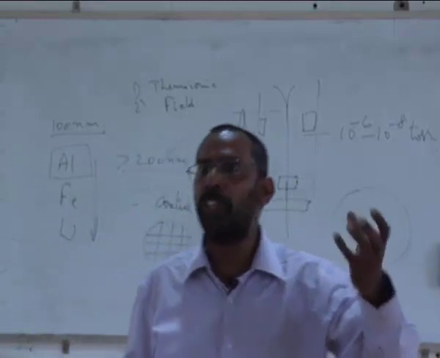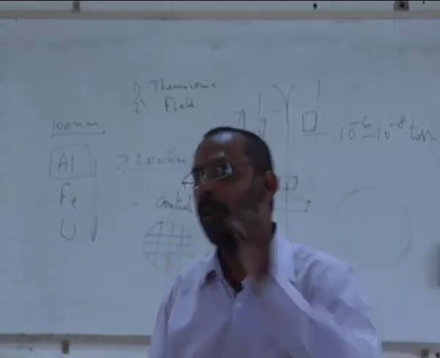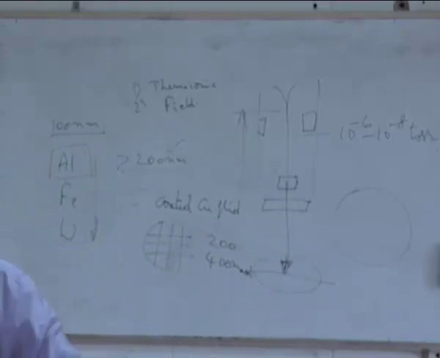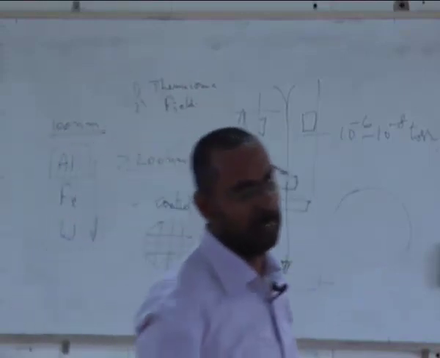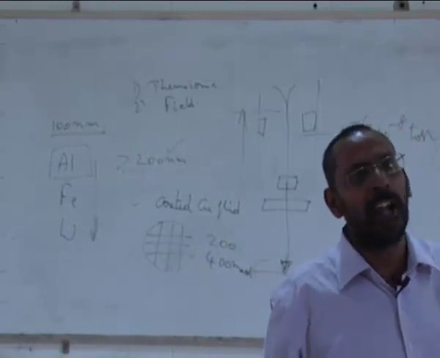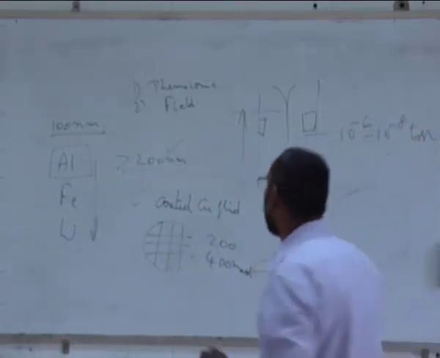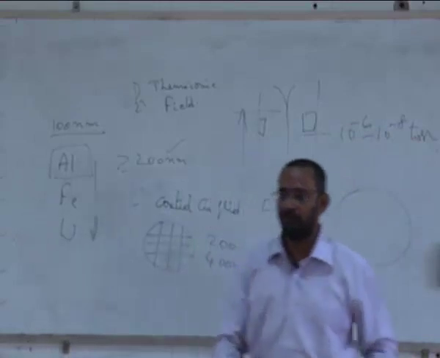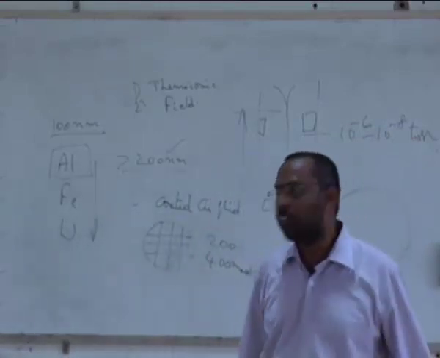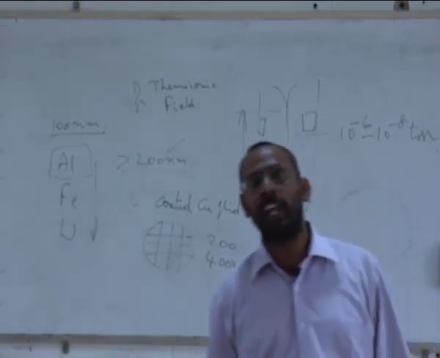I will be able to see what the particle sizes are. I will also be able to see the shape of these nanoparticles and their size distribution. I can even find out the crystal structure of those nanoparticles by using what is called electron diffraction. Like we have X-ray diffraction, the same principle can be applied even for electron diffraction.